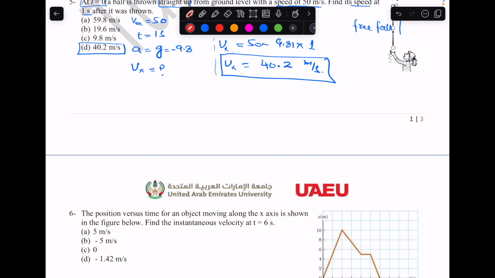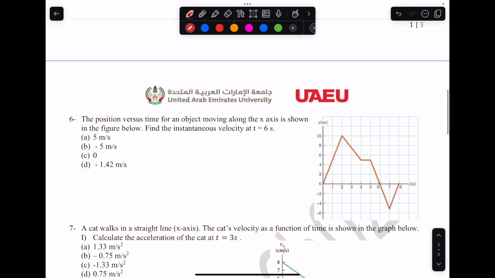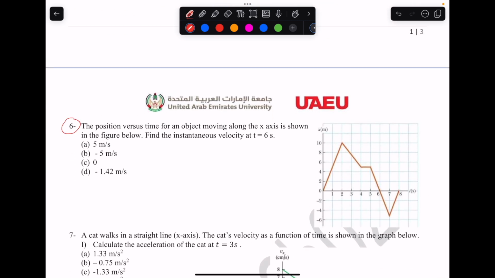Now question number 6, which is very important because you are given a graph, the position or distance versus time graph, and you were asked to find the instantaneous velocity at t equals 6 seconds.